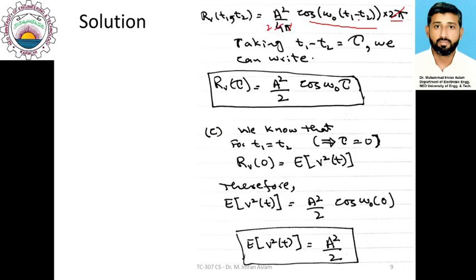For simplicity, as I mentioned earlier, we can write t1 minus t2 as tau, which is the time delay. So I can write it as a square upon 2 cos omega naught tau, so this autocorrelation function is dependent on this time difference tau, which is illustrated here.